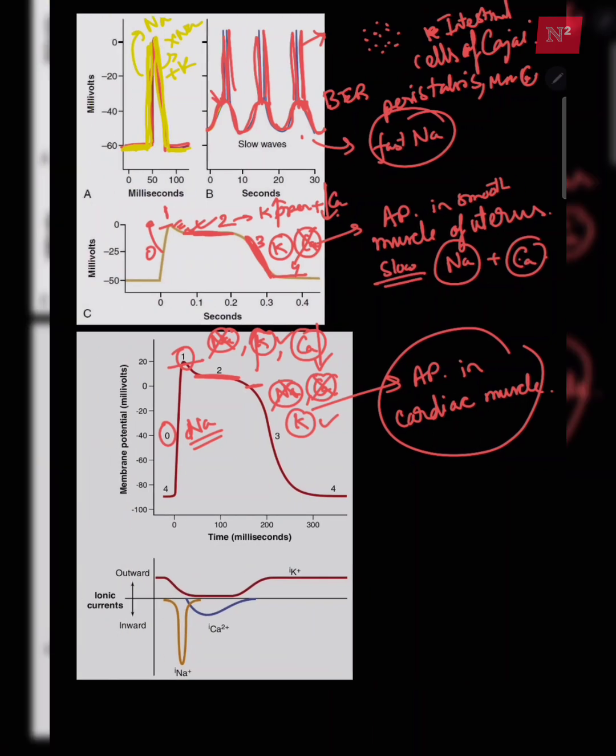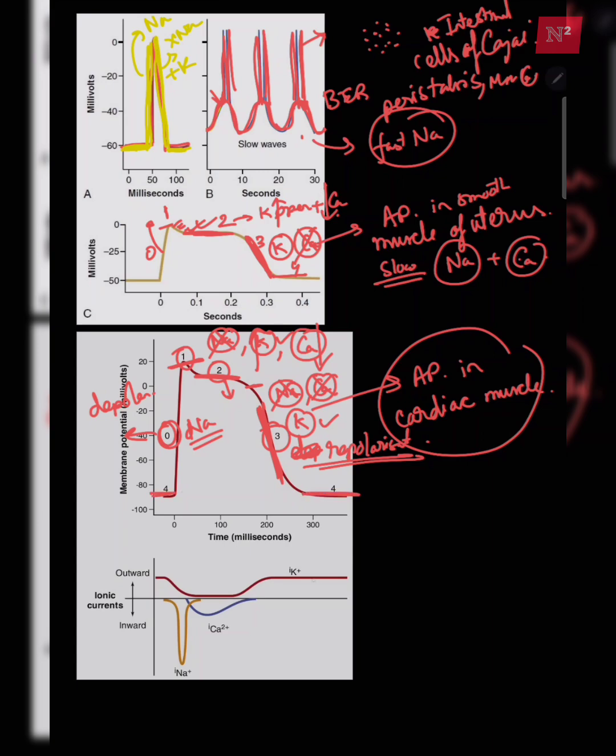Because of that, we get a downward slope, which is called phase 3, also called the repolarization phase. So 0 is showing you the depolarization phase, 1 is showing you the peak or apex or spike potential, 2 is showing you the plateau phase, 3 is showing you the repolarization phase, and 4 is showing you the resting membrane potential.